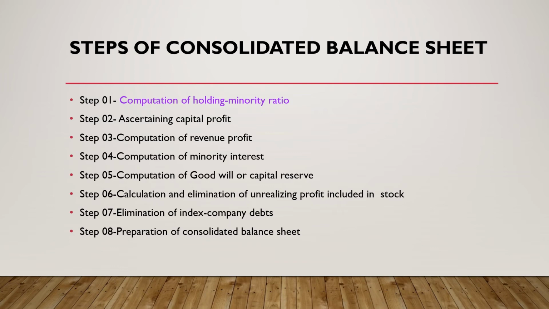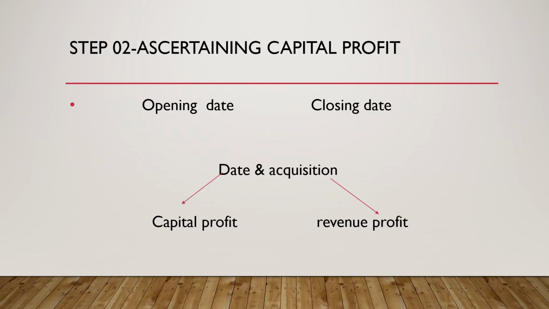Capital profit means profit before the date of acquisition. Revenue profit is profit after the date of acquisition. I will explain these points with examples. Look at this example. Usually the balance sheet is prepared only at the end of the financial year.